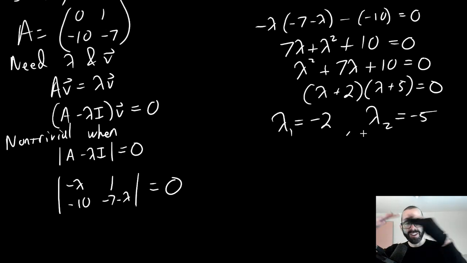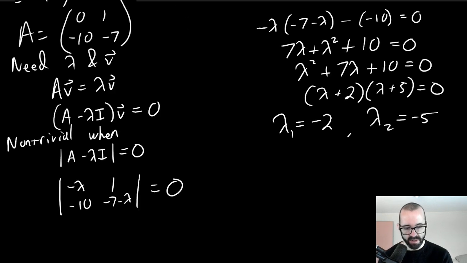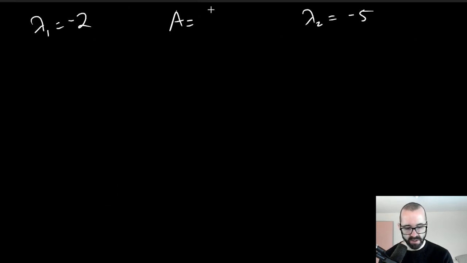But all solutions are going to the origin, which makes sense. So lambda 1 we said was negative 2. Lambda 2 we said was negative 5. We need to find the eigenvectors. Remember, A was 0, 1, negative 10, negative 7.